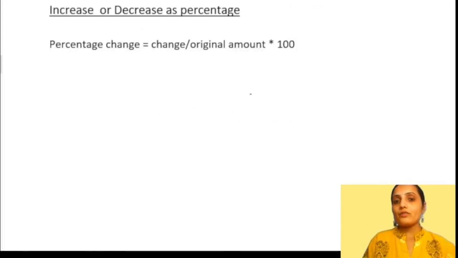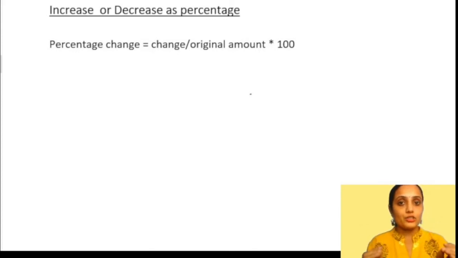The next scenario where we can find the use of percentage is to find the increase in percentage and the decrease. So if there is a quantity which is increasing or decreasing and we have to express it in terms of percentage, how much has it changed from its initial value? That initial value will be taken as the whole. That means that goes into the denominator. And what is the value of change?